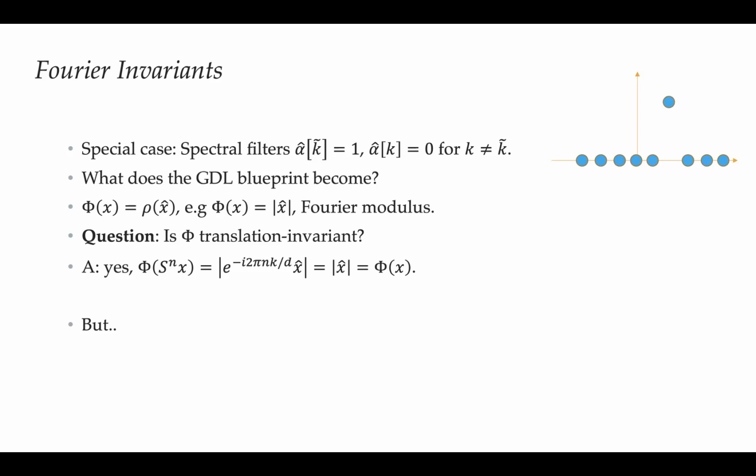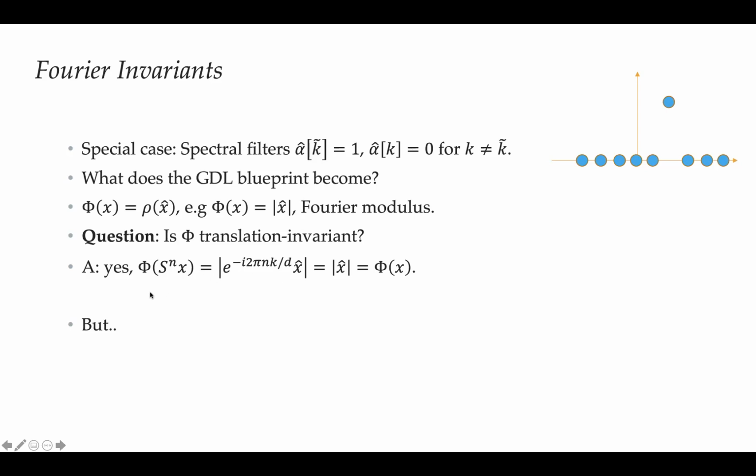Remember, the eigenvalue that we discovered when we were applying the shift was a complex number of modulus 1, a unitary complex number. So if I take the absolute value, this eigenvalue is killed, and I get exactly the same output as before. That's what you see in this equation.